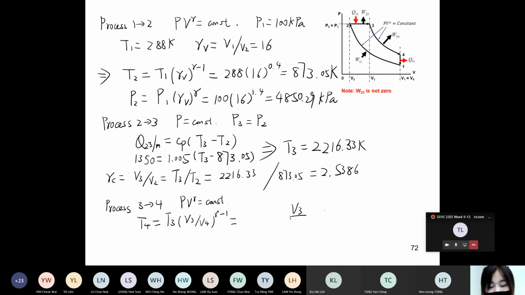V3 over V4 equals what? V3, V2. We can rewrite it as this or this. This is RC, this is RV, cutoff ratio and compression ratio. So we rewrite our equation.